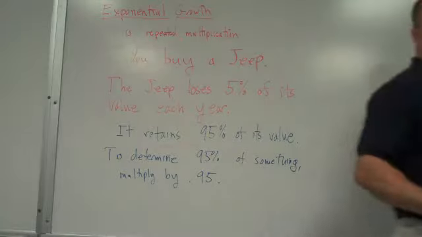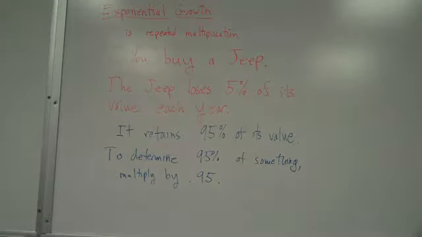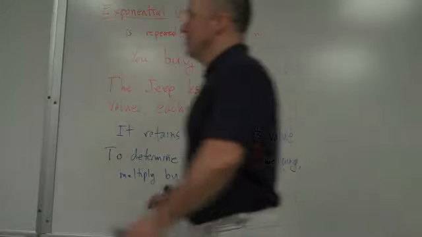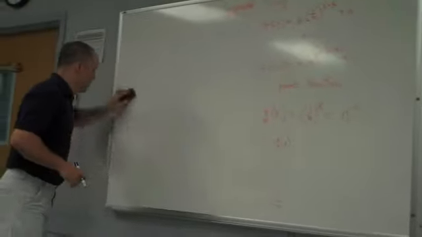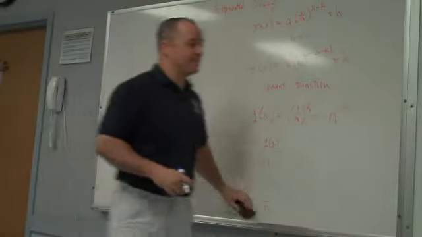That's all you do. You multiply by 0.95. You're going to want to do this, trust me. You don't want to set up the proportion for each step of this problem.